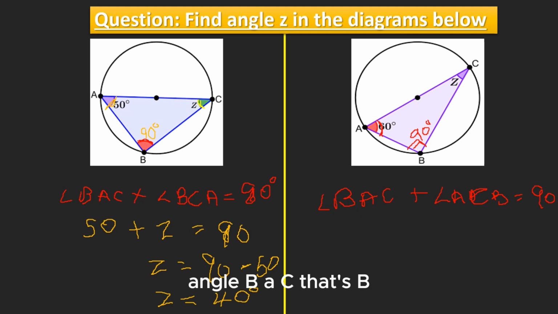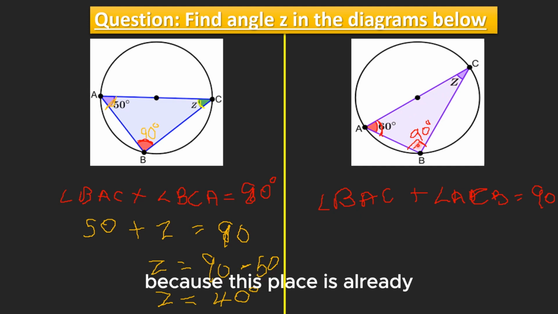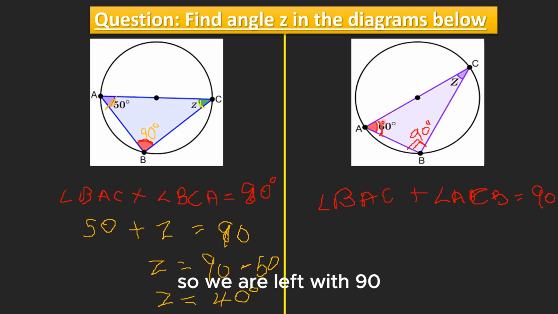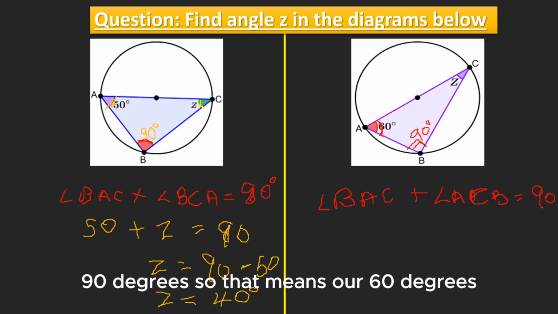Angle BAC, talking about this angle, and angle ACB, talking about this angle. When you add the two together, it gives you 90. Why? Because this place is already taken 90 degrees out of the 180, so we are left with 90. So these two angles must sum up to 90 degrees.